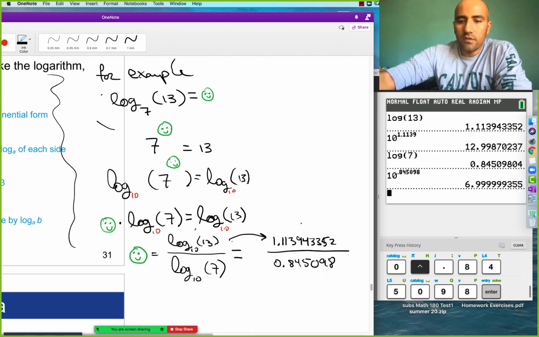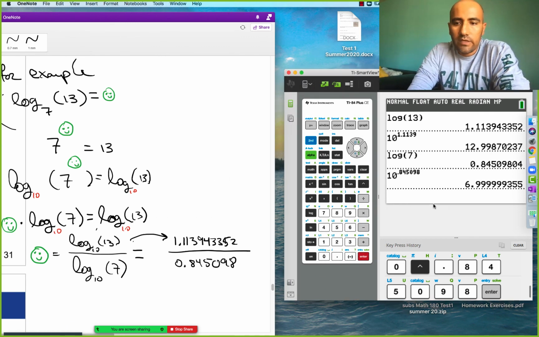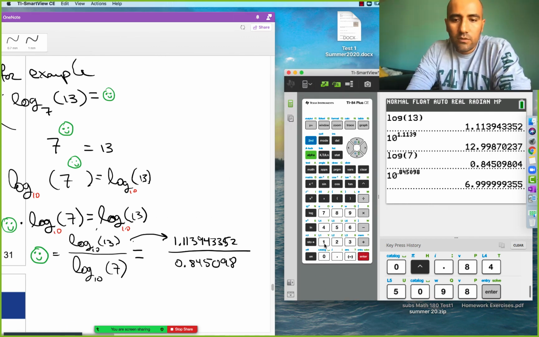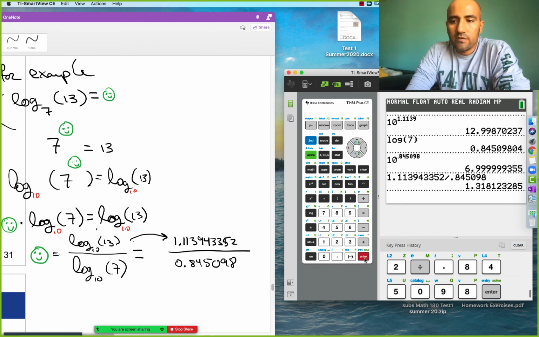These two decimals. And now if I figure out what is the division of those two ugly decimals, let's just use our calculator over here. So then this is equal to 1.1139433352 divided by 0.845098. It gives us that decimal.